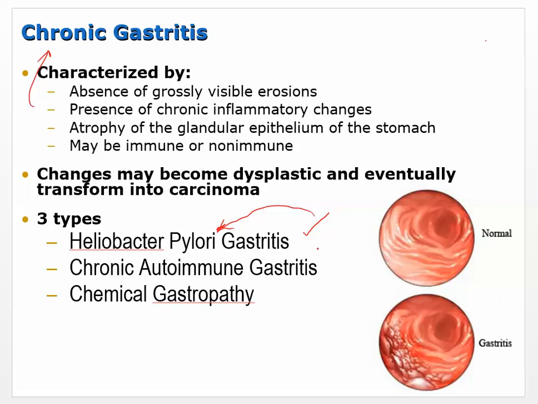Chronic autoimmune gastritis, where your immune system has launched a defense against the glandular mucosal layer of the stomach. And then chemical, well, just that. Any kind of chemicals, even chemicals from something like aspirin, could cause some of this inflammation.